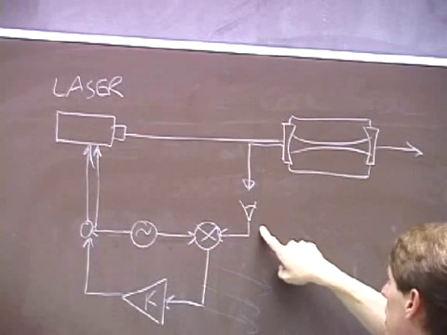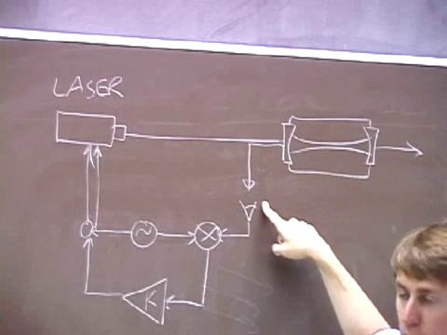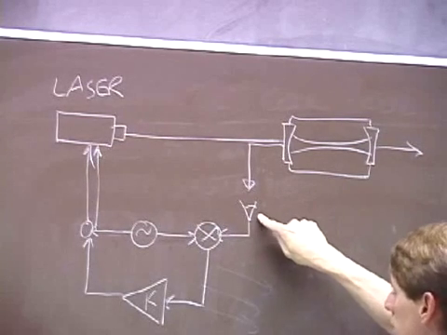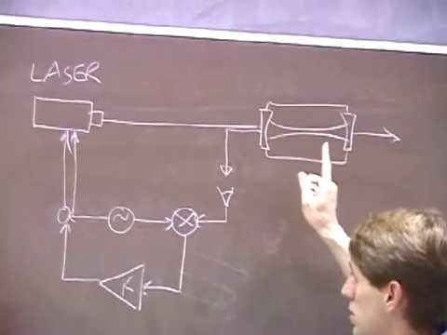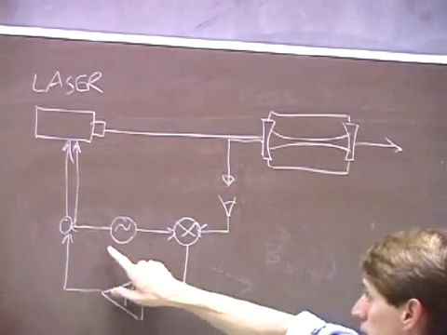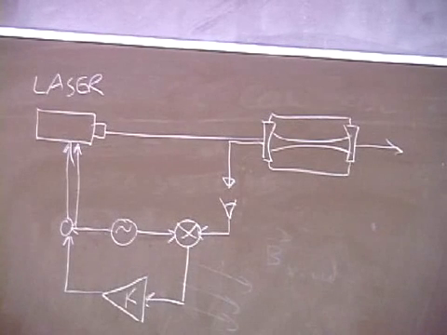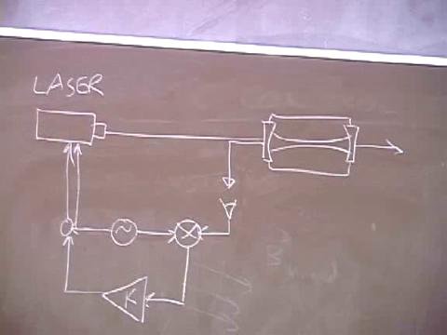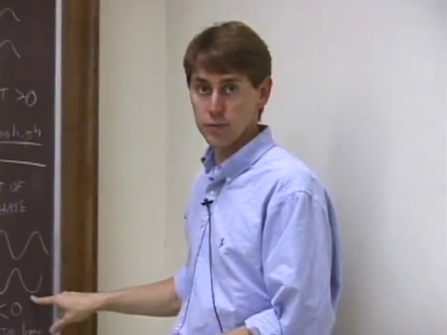The output of the Fabry-Perot cavity, that is the reflection off the cavity, goes into a photodetector. And the output of that photodetector, which is sinusoidal, at the same frequency that we're modulating the laser frequency at, according to these diagrams, is at the same frequency, but depending on whether the frequency of the laser is above or below the resonance of the cavity, it might be inverted relative to the frequency drive.